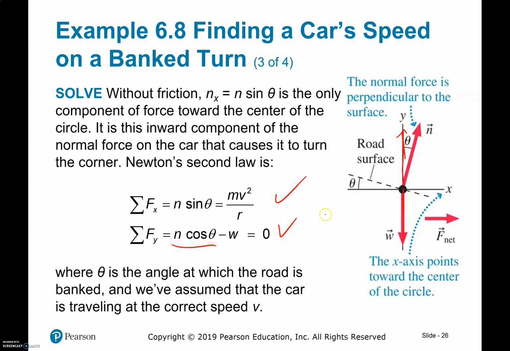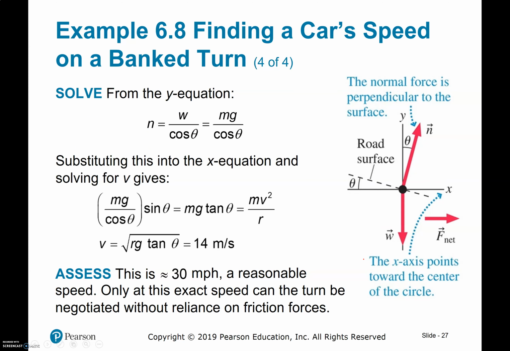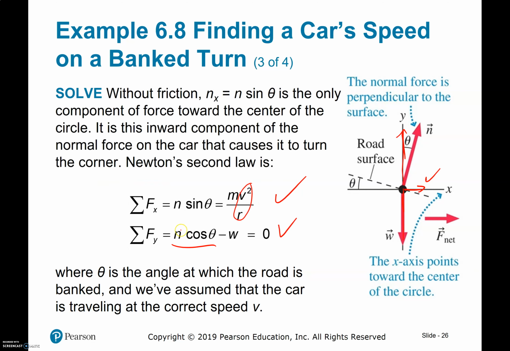And in the x-axis, we have this component of the normal force, that is the net force, and that has to be equal to mass times acceleration. And what is the acceleration? V squared over r. So now we can go ahead and solve for the normal force. From these two equations, I can take this from here and put it here.